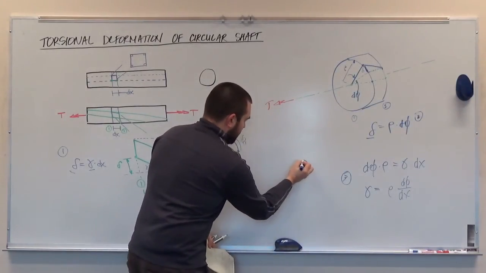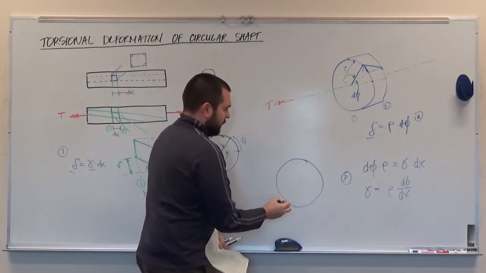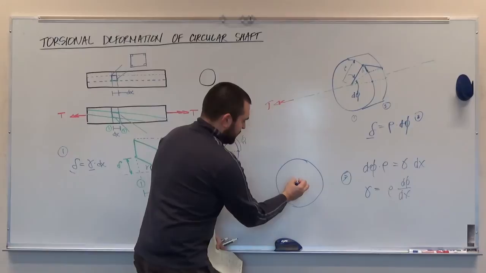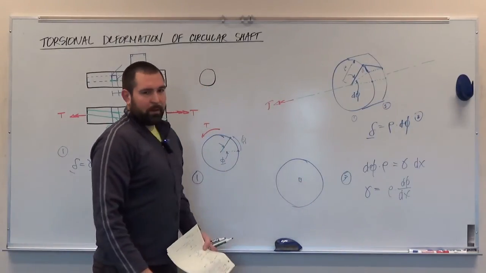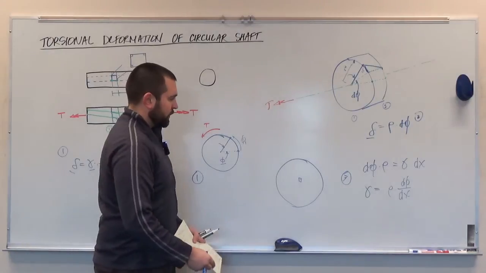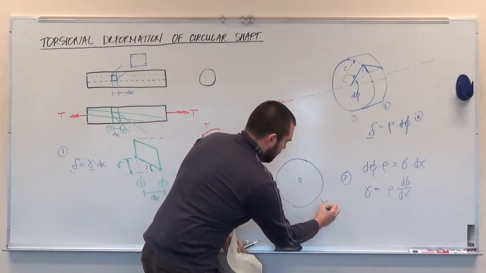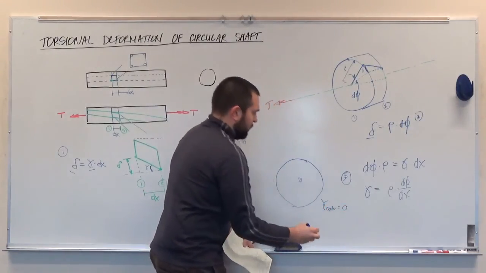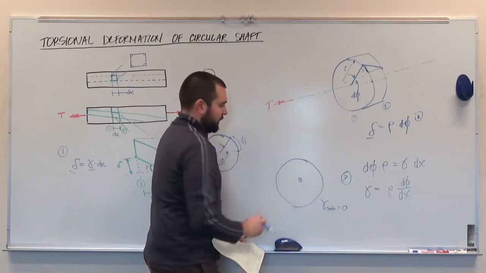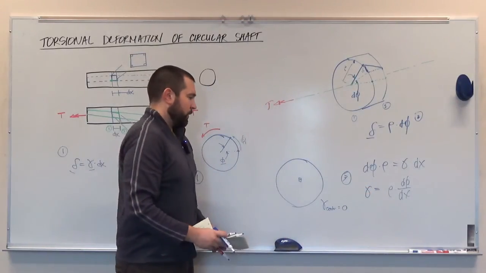If I were to draw a cross section, and if we were interested in the shear strain for an element right at the center, the centroid of our cross section, I could tell just from this equation that gamma at the center of our cross section is going to be 0, because the distance from the centroid, or in other words rho, is just going to be equal to 0.